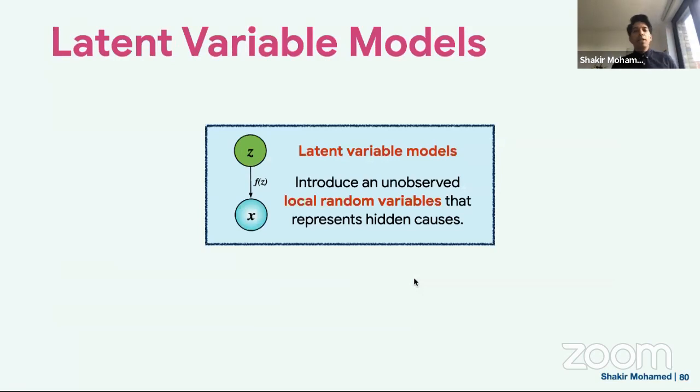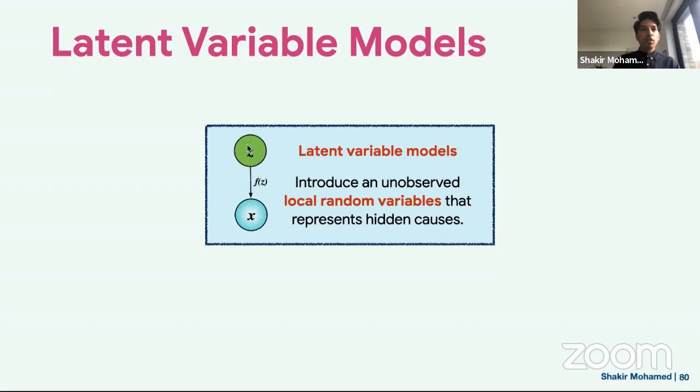So a brief interlude into models. Since we haven't spoken much about models, I wanted to talk about latent variable models. They are, for me, a really fun class of models to study because you can do a lot with them. They expose many difficult questions of Bayesian analysis, but also of statistical estimation. A latent variable model in general introduces an unobserved local random variable that represents some form of hidden causes, whether phenomenological or mechanistic.